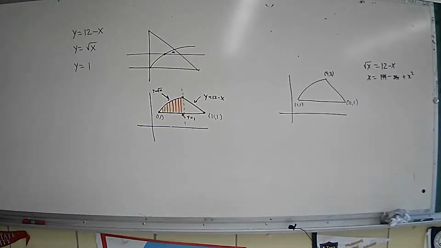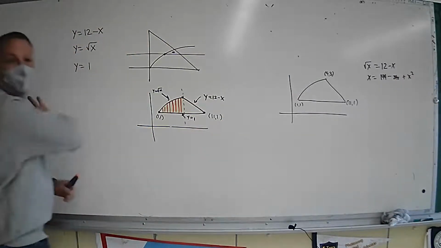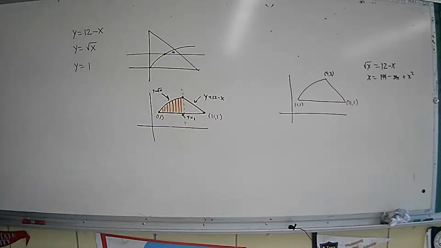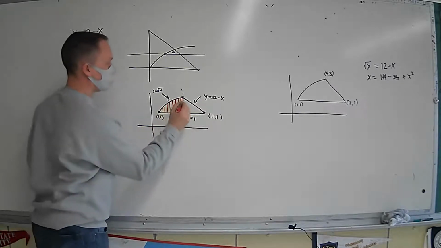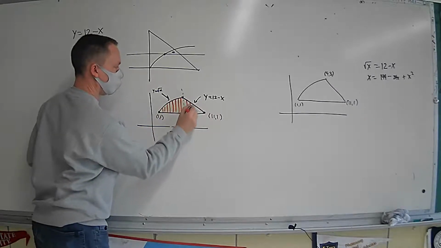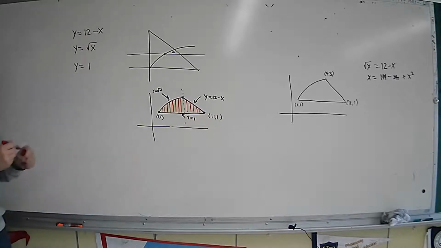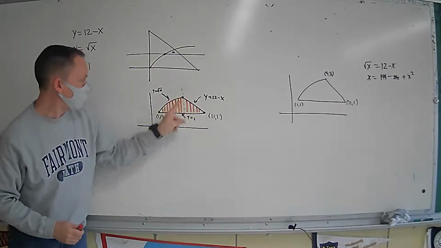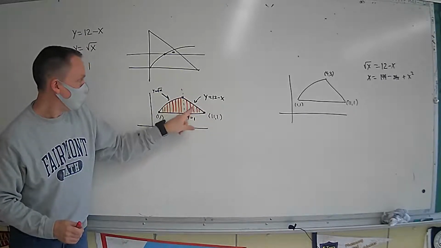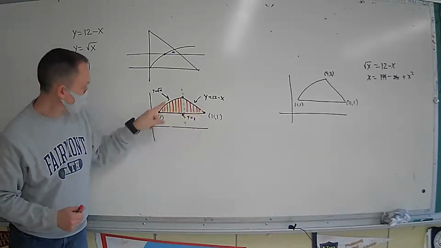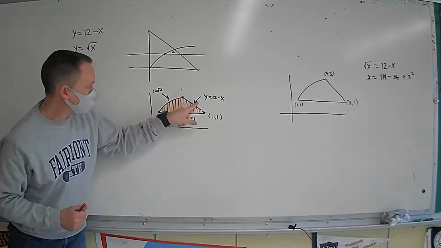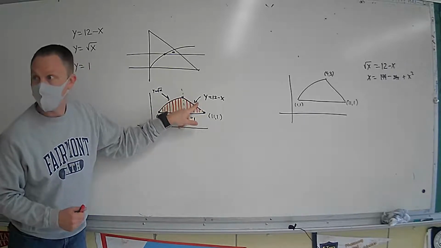Woohoo! Okay, so if we want to find this total area, one way of doing this would be to break this up into two separate integrals. On the other side of that vertical line there, we have a different curve on top, right? Whereas on this one right here, we have y equals radical x on top. On this one right here, we have 12 minus x on top. Everybody agree with that?